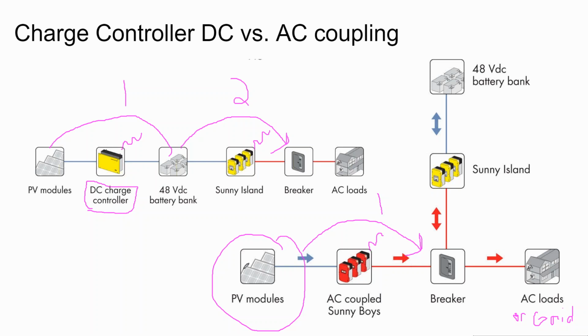And so if the goal is to power your home with solar during the day and any surplus sell it back to the grid, AC coupling is going to be a little bit more efficient. For that matter, you may not really be using the batteries. If you have a good sellback rate to the grid, the batteries will just be hanging out and you'll be selling back to the grid.